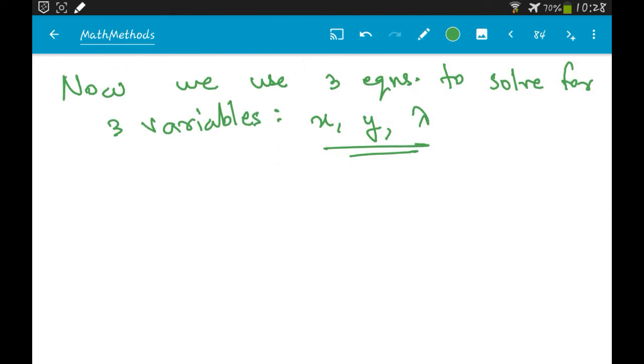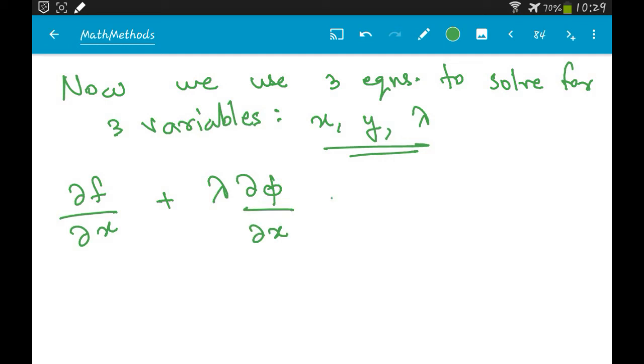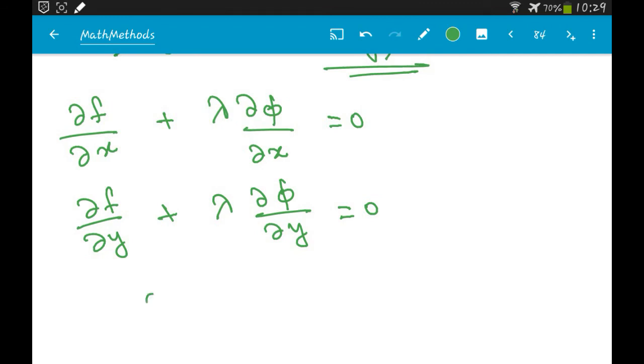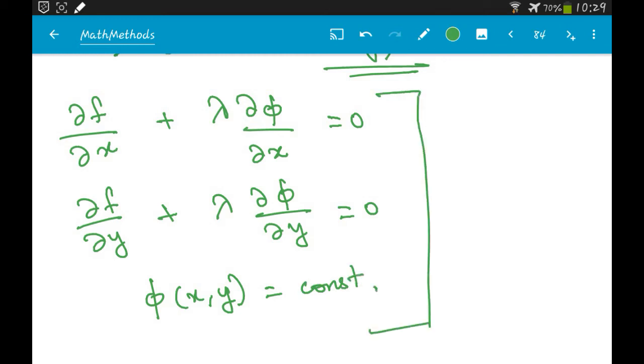The equations are: dou f by dou x plus lambda dou phi by dou x is 0; dou f by dou y plus lambda into dou phi by dou y is 0; and the third equation is phi of x comma y is constant. We have three variables, so we need three equations to solve for them.